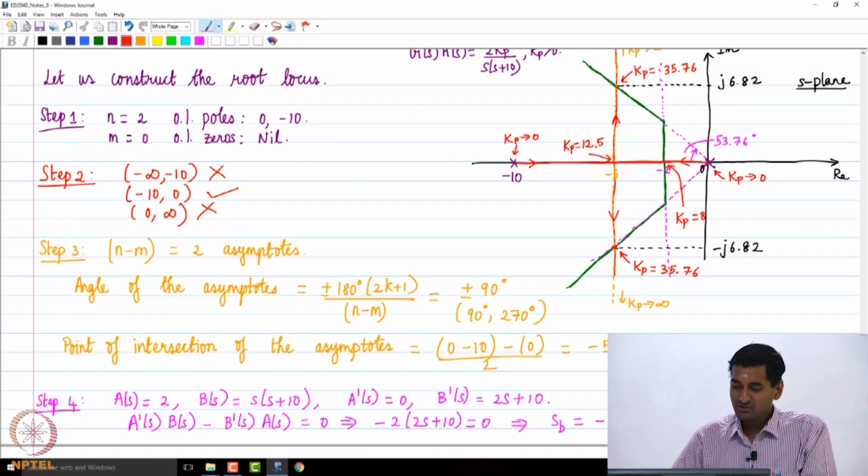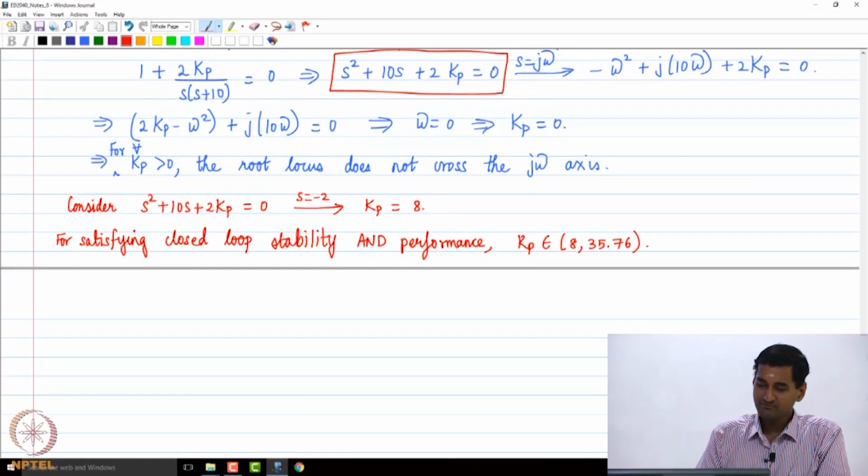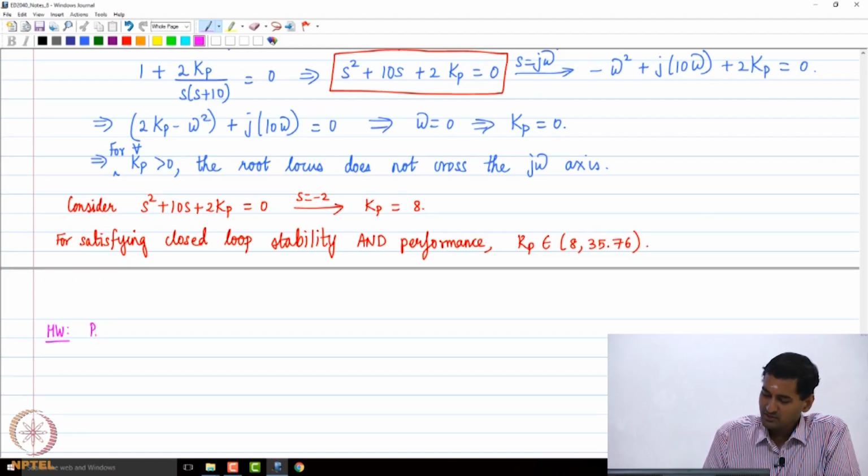Okay. So, what I am going to leave you is a homework problem, just for your own learning process. Plot the root locus for the same system when Kp is negative.